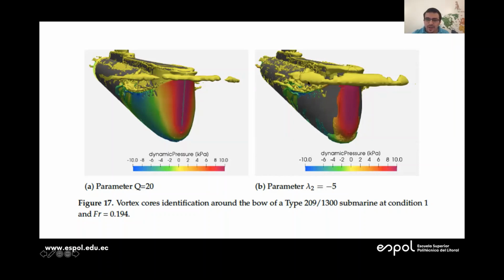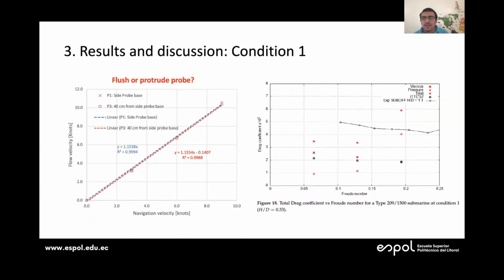And this is propagated downstream along the hull. So we believe that the speed sensor on the side is going to operate in almost ideal condition, at least for this surface condition.